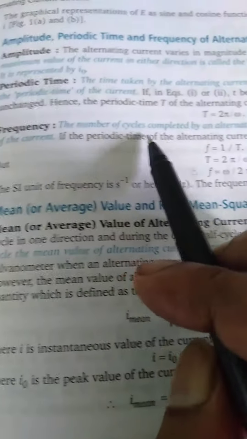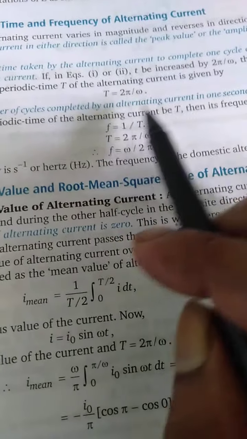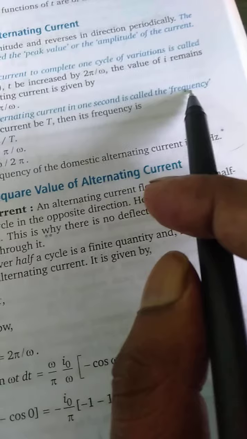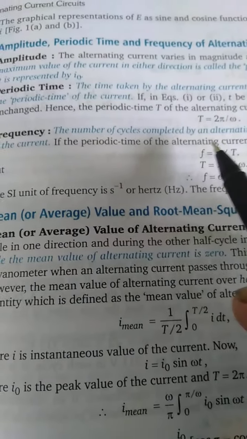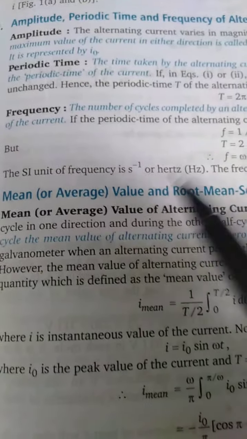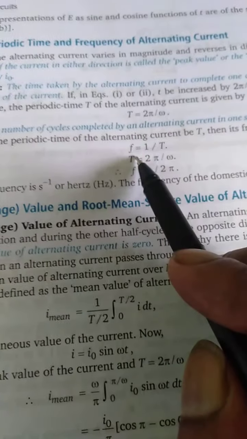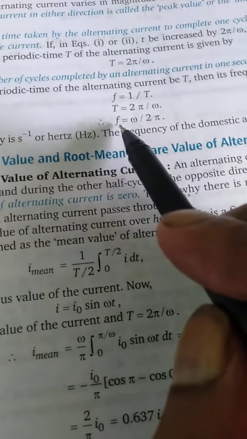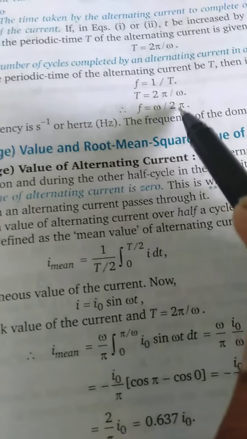Frequency: the number of cycles completed by an AC in 1 second. So frequency is 1 by T, and T is 2 pi by omega, so f is equal to omega by 2 pi.